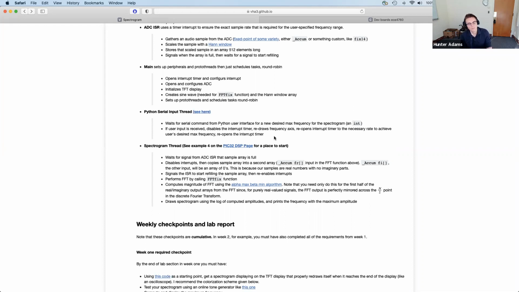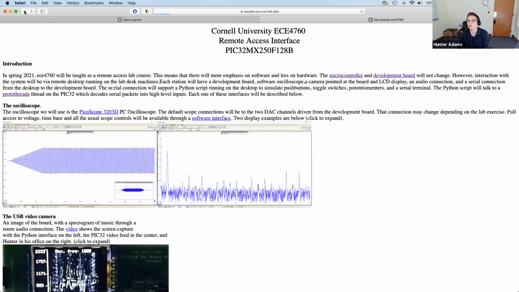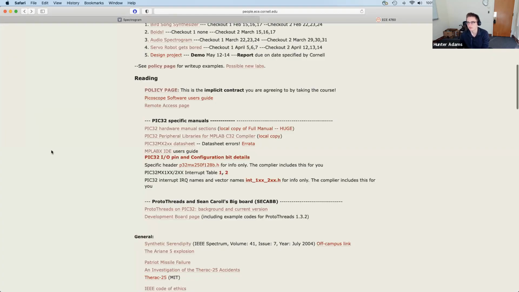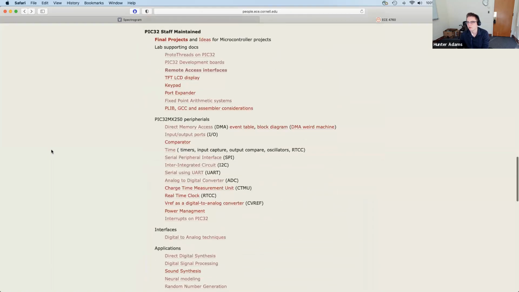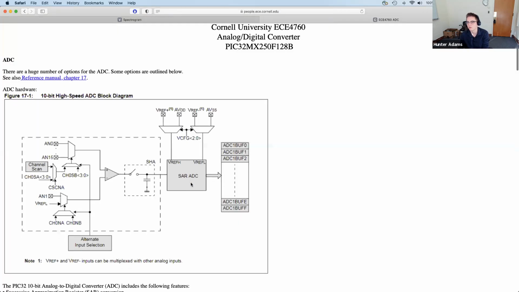Questions about this? I'm not going to get into the ADC configuration code today because we're out of time, but what I will do so that folks are looking at the right place as they get started on this is go to the analog to digital converter webpage.